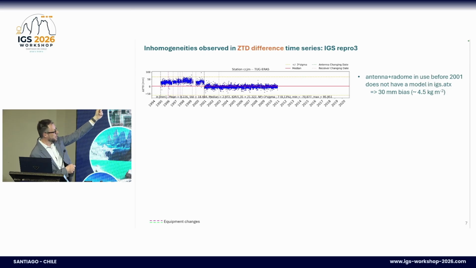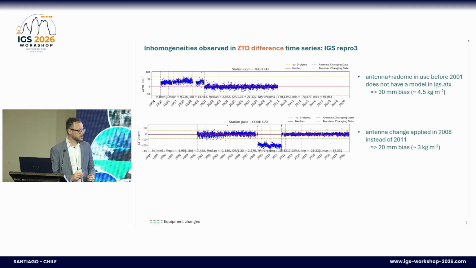And when we inspect which type of antenna radome was used, it does not have a calibration model. So it means that this data have been processed with the antenna only, not taking the radome into account. And this produces a bias of 3 centimeters in ZTD and 10 centimeters in the station height.